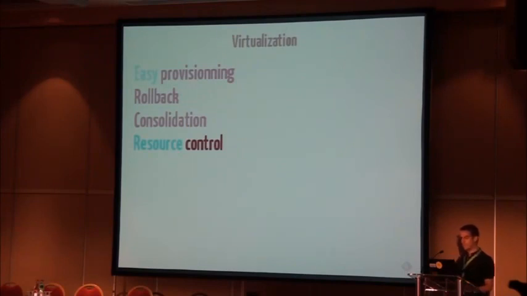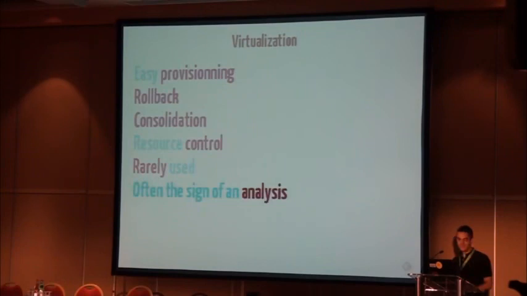So you can create another server with a template and have load balancing among them. You need more RAM, you will have more gigabytes, you need more hard drives, you will have more, and you have fine-grained controls. But it's still rarely used, and it is often the sign of an analysis. So if you see that you're under virtualization, it means most of the time that you are being analyzed.